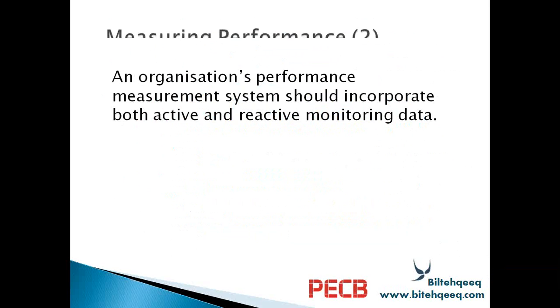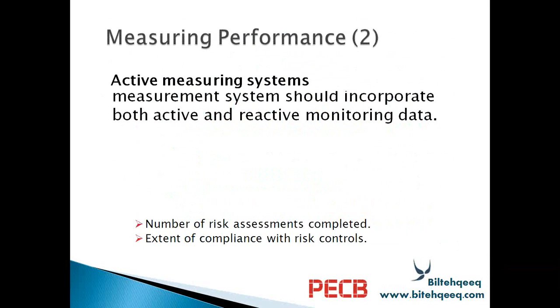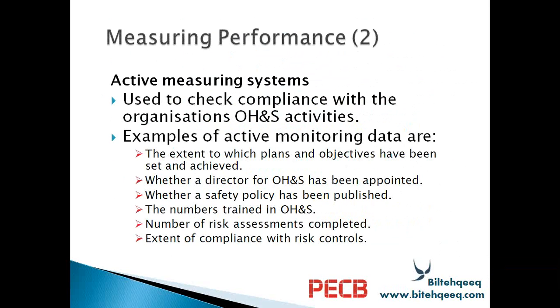Now we will discuss some examples of active measuring systems. Active measuring systems are used to check compliance with the organization's occupational health activities. Examples of active monitoring data are the extent to which plans and objectives have been set and achieved, and whether a director for occupational health and safety has been appointed.